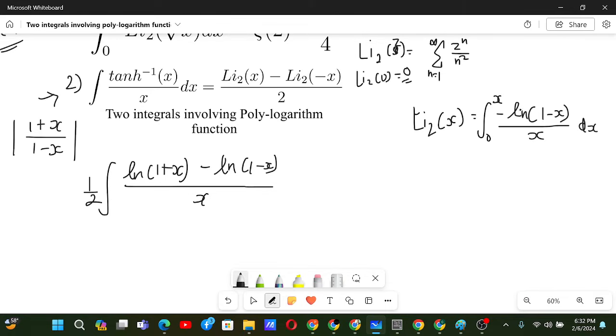So that's why this integral can just be written as the antiderivative of minus ln(1-x) by x dx without any boundaries.